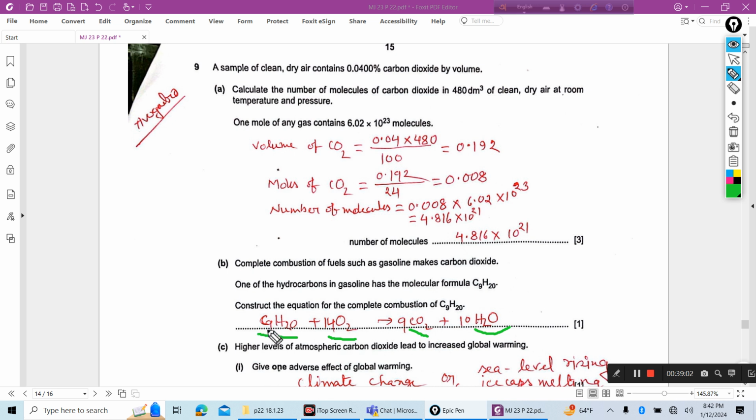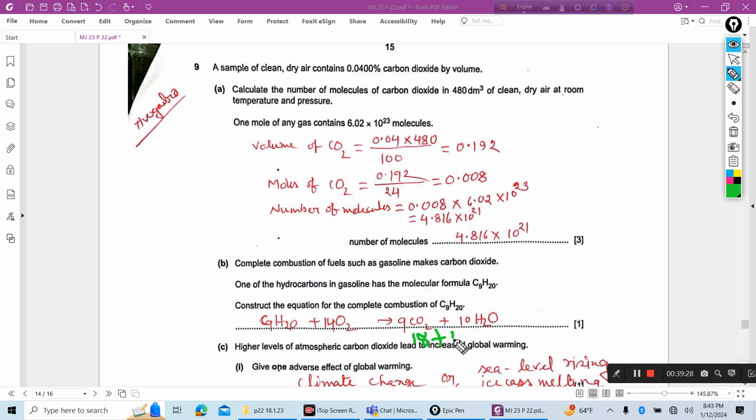So now here 9 carbon, that's why I write here 9, and 20 hydrogen, so you write 10 here, so hydrogen is balanced. Then you count right hand side how many oxygen. 9 twos are 18, plus 10 ones are 10.